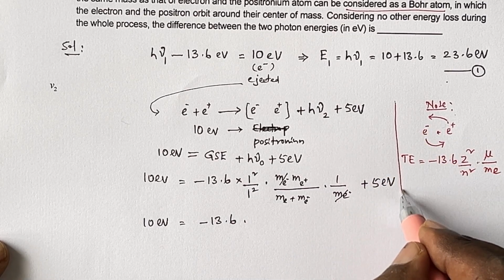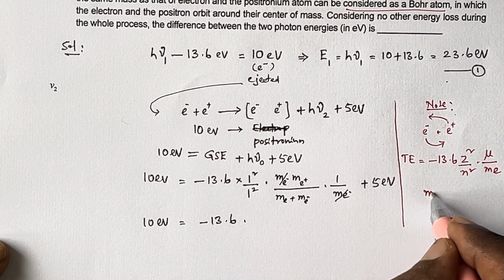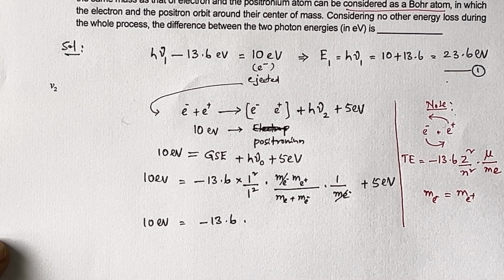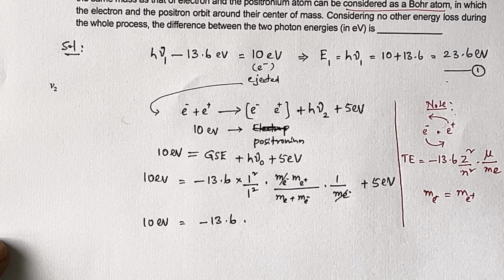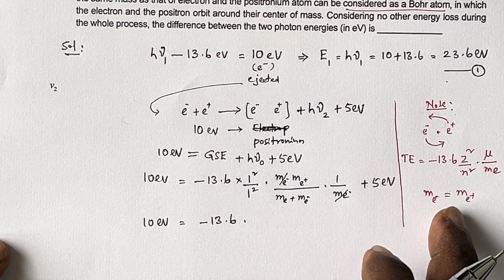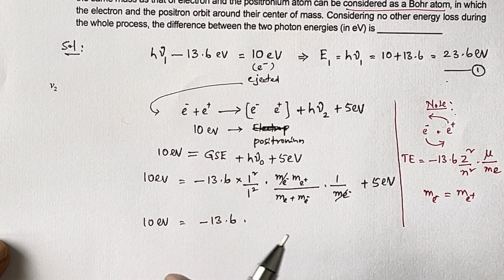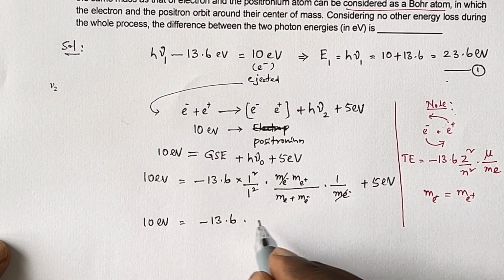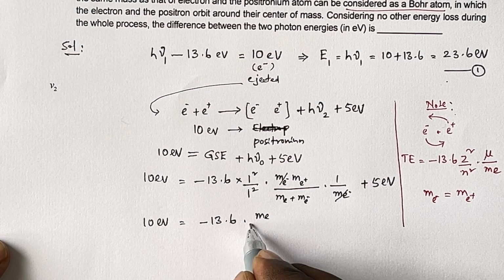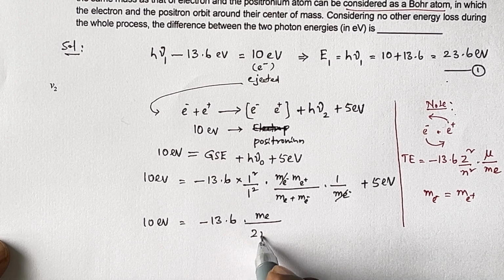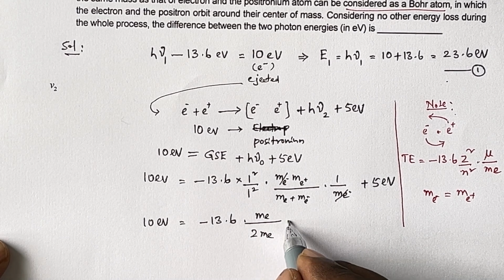Now, what is given in the problem is that the mass of the electron is equal to the mass of the positron. One positron is there, so that's why Z is equal to 1 we have taken. So the mass of the electron and the mass of the positron are both the same.